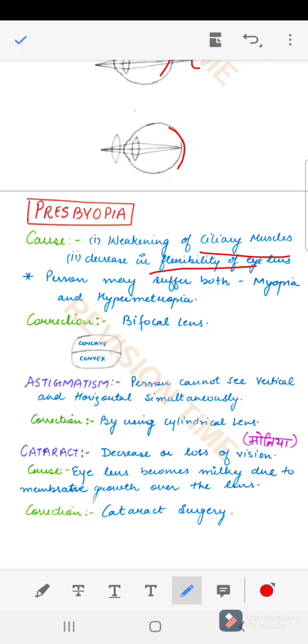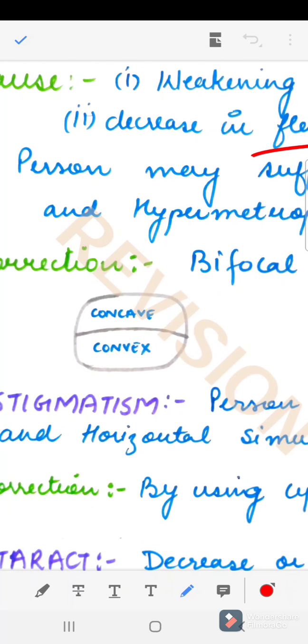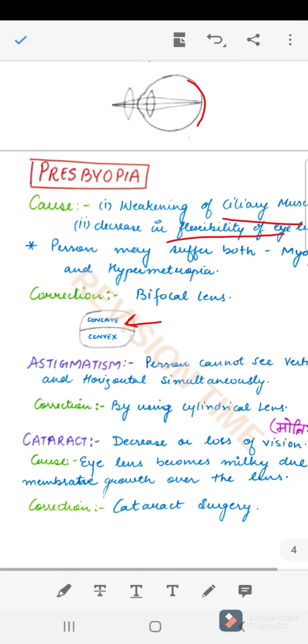So the person will suffer from both myopia and hypermetropia. For this we can use bifocal lenses. What are these? These are lenses like this, having both concave and convex lenses. The upper part has concave lenses for farther vision and the lower part has convex lenses for nearby vision, right?